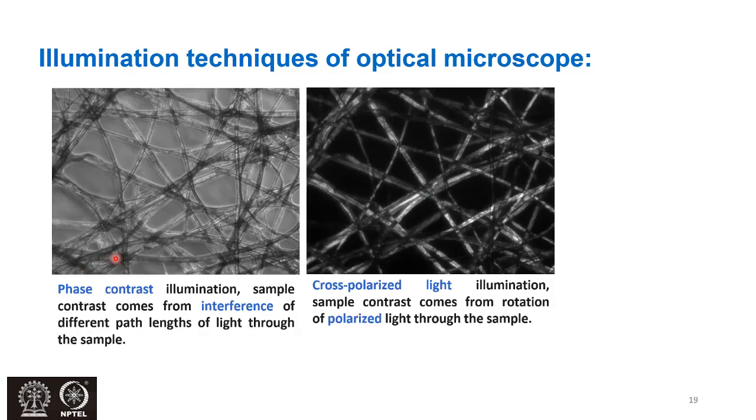Then we have phase contrast, which is because of the interference of the path length of light from the sample. Then we have cross polarized light illumination, which is because of the rotation of polarized light through the sample. That is how we are able to get different illumination of the object.